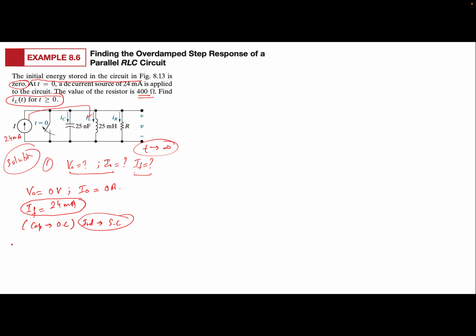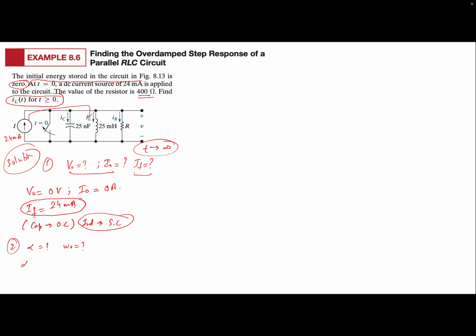Step number 2 usually is, in order to find the inductor current, as we have seen in that beautiful table, or even if we don't remember the table, we should be able to easily figure out what the steps are. The second thing we have to do, and we have been doing it for a while now, is find the value of alpha and omega naught, and then compare how they equate to each other, whether one is greater than the other or equal.